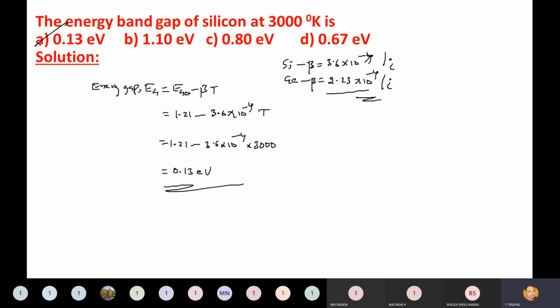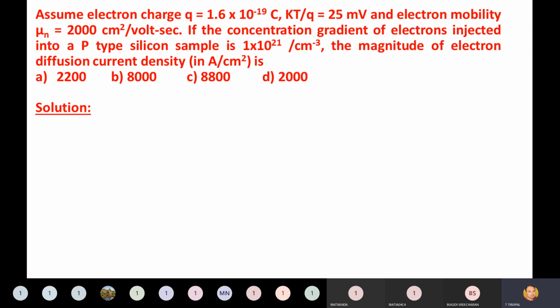Okay, we'll go for the next problem. Assume electron charge is given, kT by q is given, and electron mobility is given. If the concentration gradient of electrons injected into a p-type silicon sample is 1 into 10 power 21, find the magnitude of electron diffusion current density. Just now we have solved it.